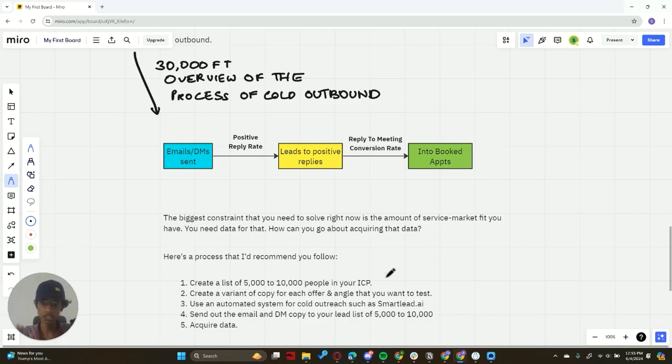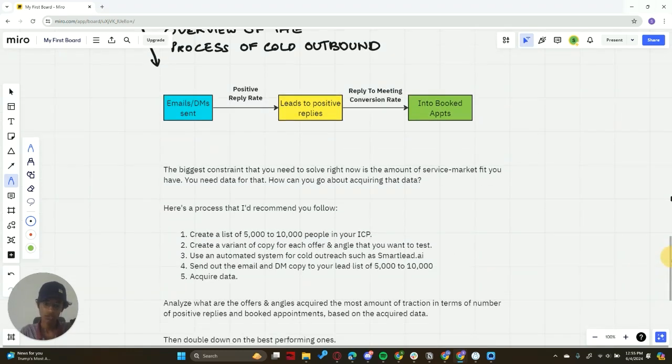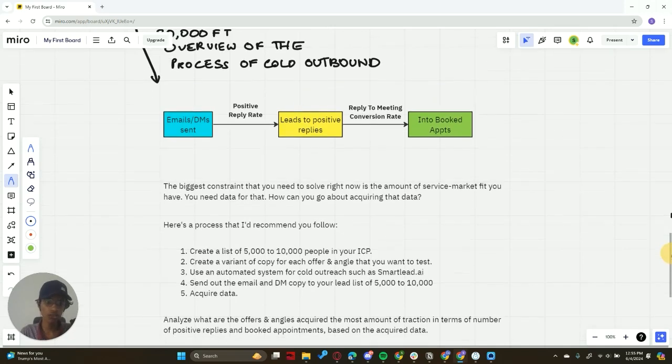If you do LinkedIn, I would recommend either cold email or cold LinkedIn. Send out the email and DM copy to your lead list of 5,000 to 10,000, and then you acquire data from that. That is what I recommend you follow. Now, from the data that you acquired, you need to analyze what are the offers and angles that acquired the most traction in terms of number of positive replies and booked appointments, right?